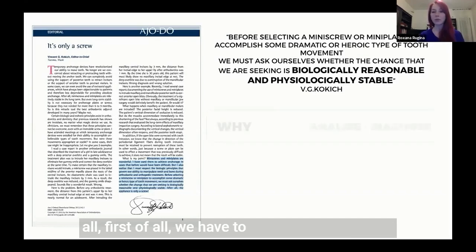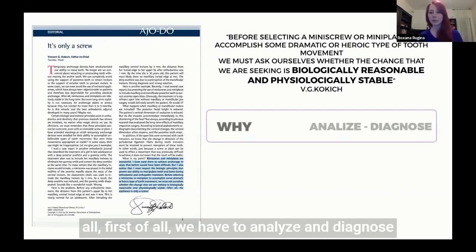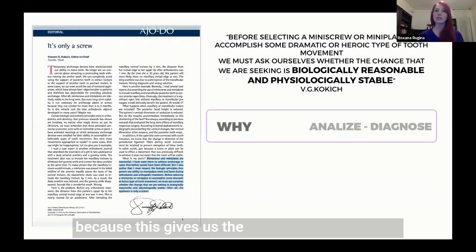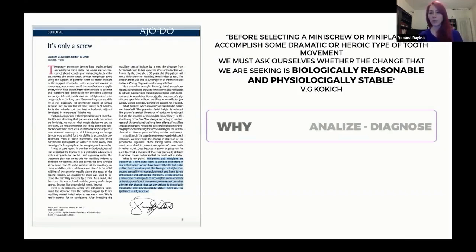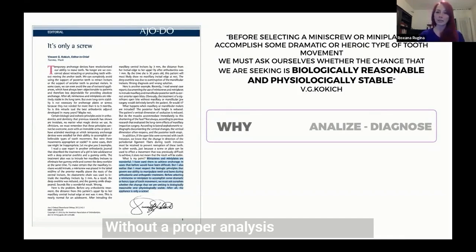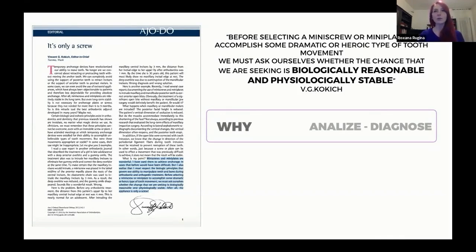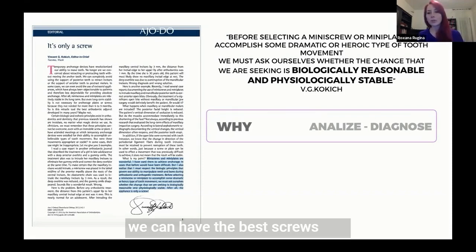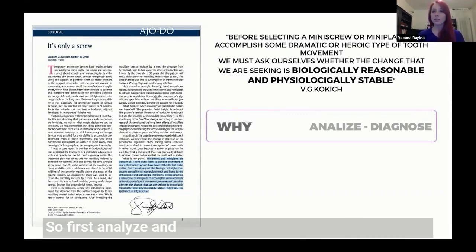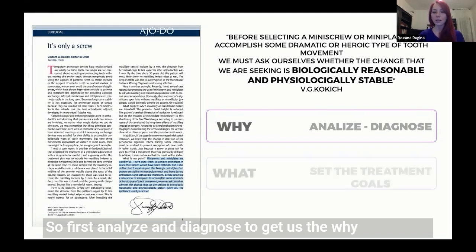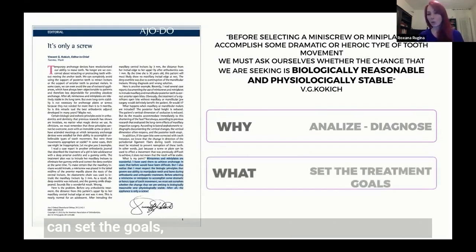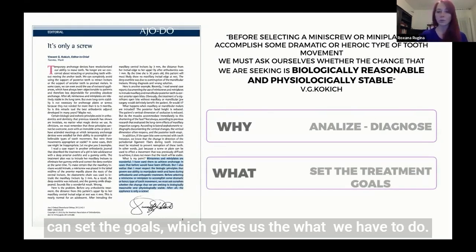First of all, we have to analyze and diagnose, because this gives us the why we do what we do. Without a proper analysis and diagnosis, we can have the best screws, but we don't know what to do with them. So first, analyze and diagnose to get the why, so that we can set the goals, which gives us the what we have to do.